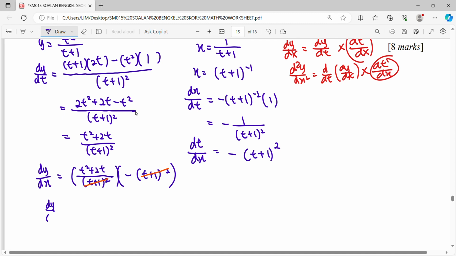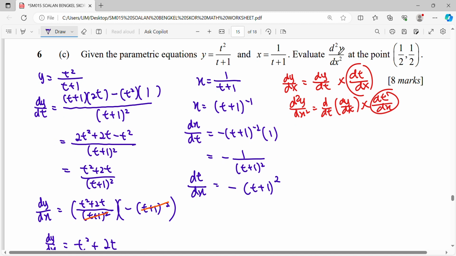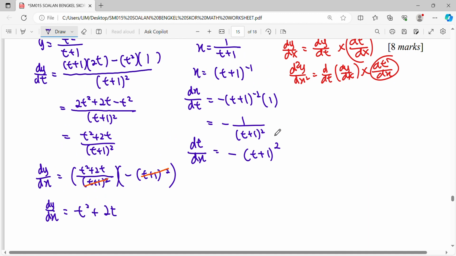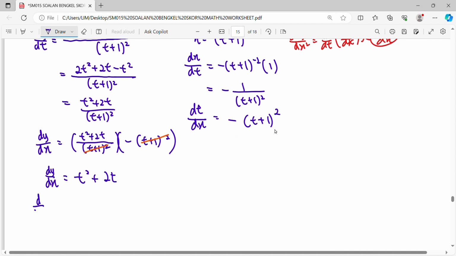And then your dy/dx only is t squared plus 2t. So our purpose is until second derivative. Second derivative, if you differentiate again, is not d2y/dx squared. When we differentiate again, we are just differentiating this dy/dx with respect to t.